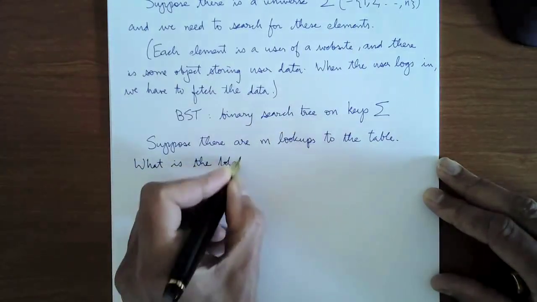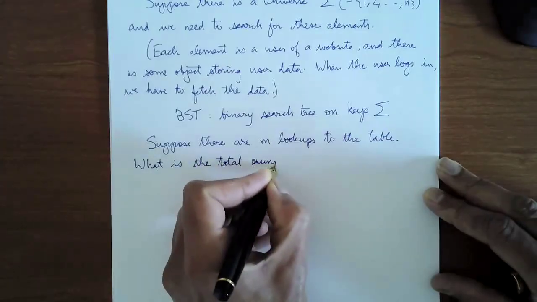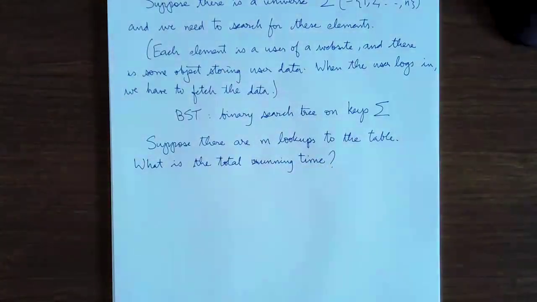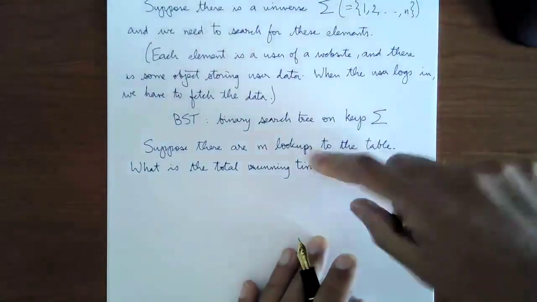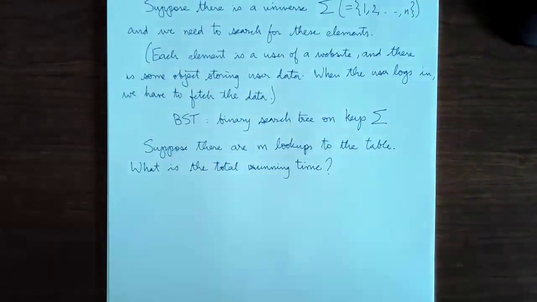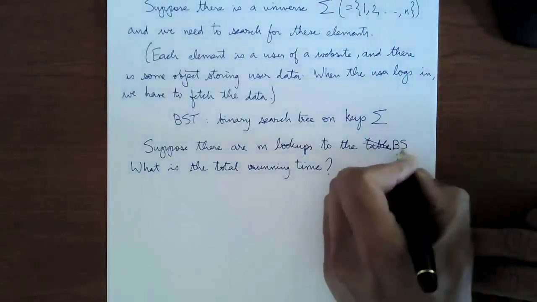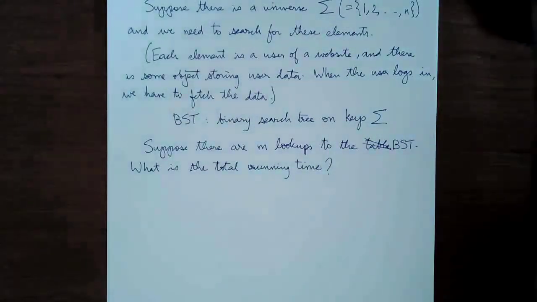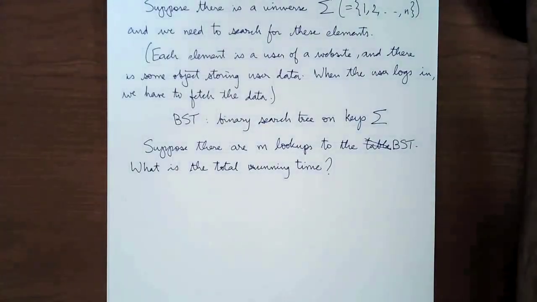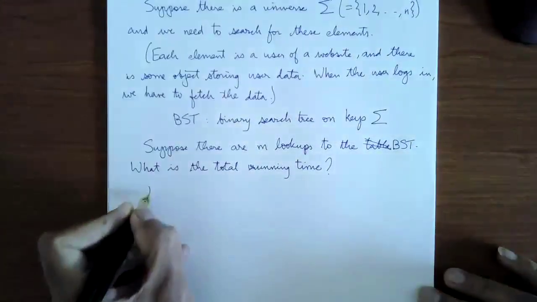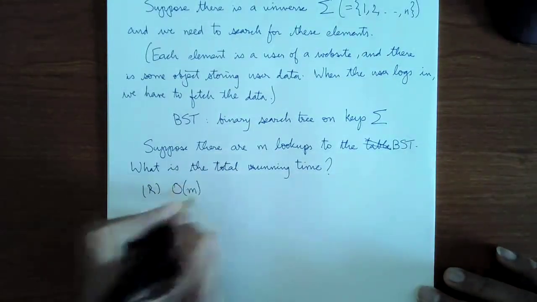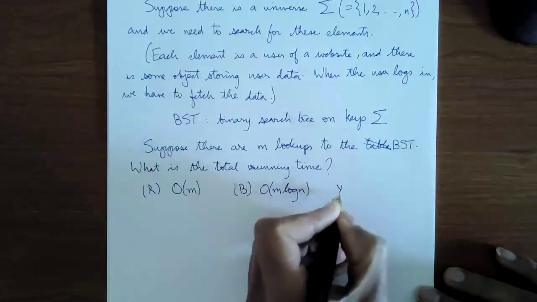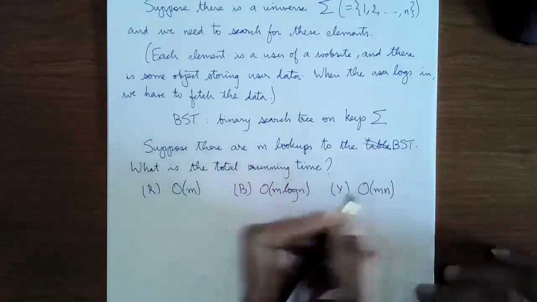What is the total runtime? Right, so the universe size is n. There are m lookups to this table. I shouldn't say the table, to the binary search tree, I'm sorry. What is the total runtime? Fairly basic algorithms question. Is it going to be O of m? Is it going to be O of m log n?